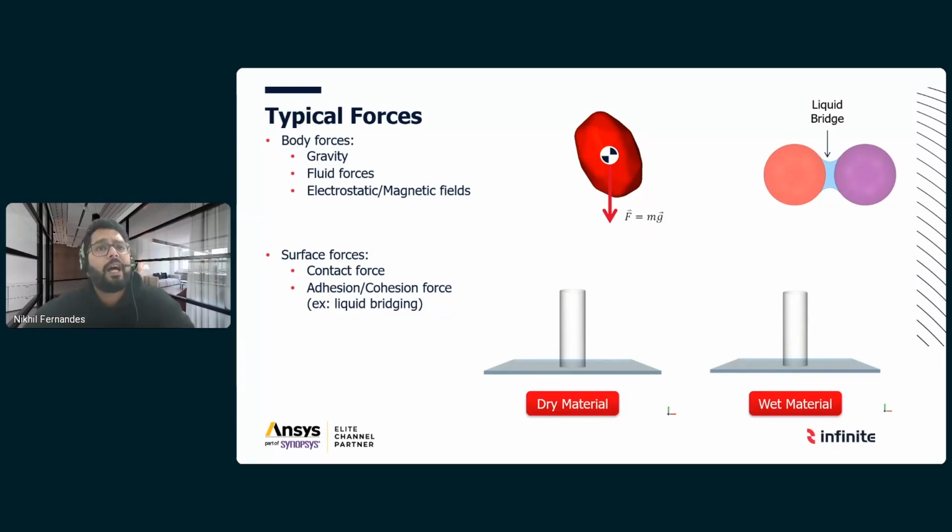We also have the surface forces, which we have to take into consideration, that is the contact forces, how different particles of different sizes collide with each other. That is important, as well as the adhesion or cohesion force, which means that if you have wet particles or sticky particles, this is quite important to know during the simulation.